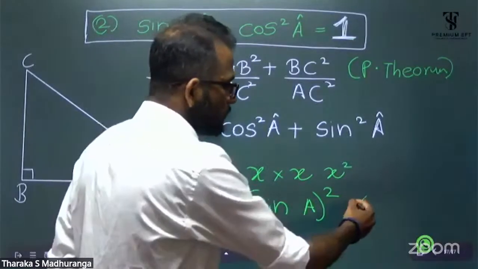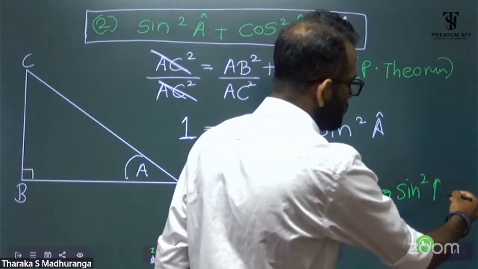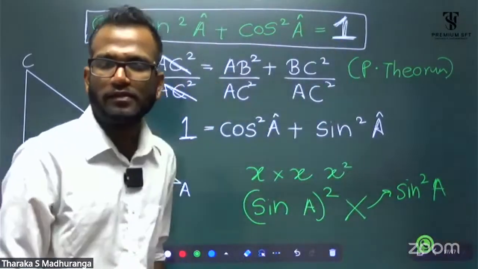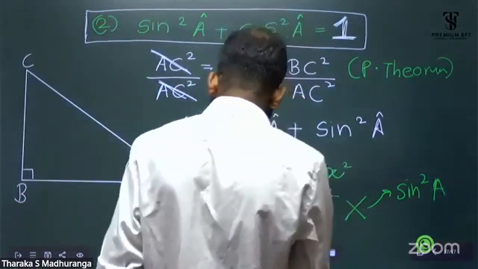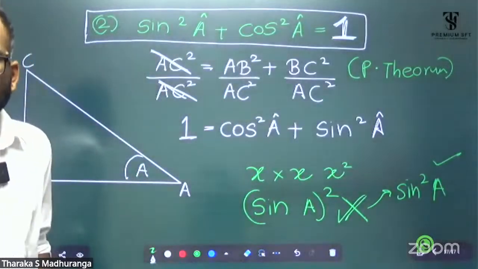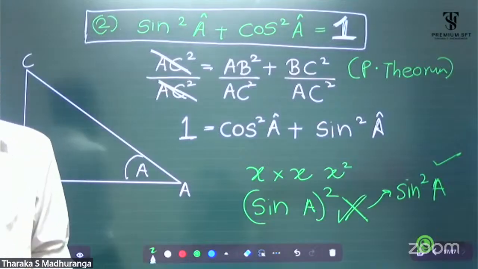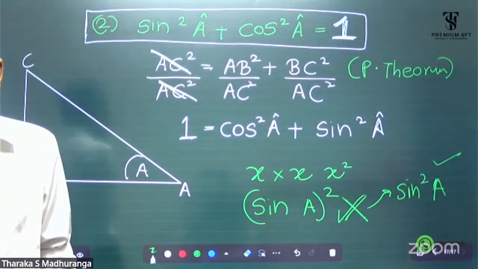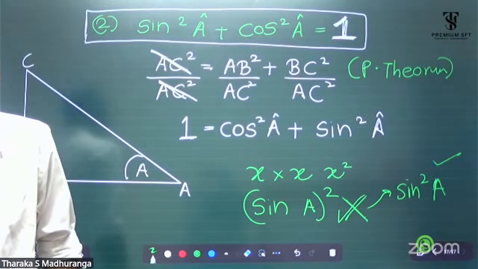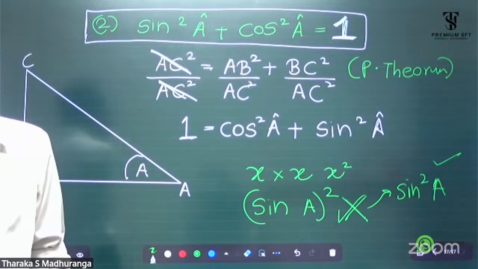We write it as sine squared A. Sine squared A is the correct way. Okay? This is the correct way, this one is wrong. Dinul? Clear?